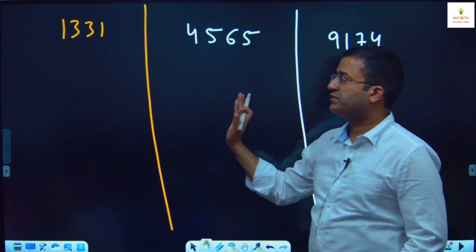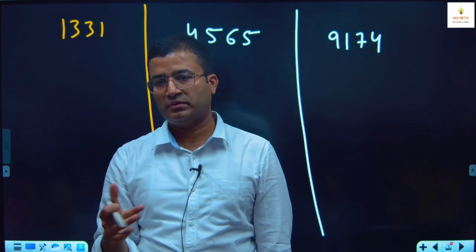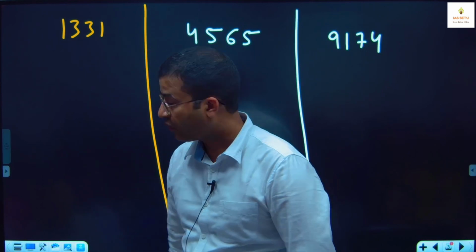I start with these 3 numbers, then I will take some extra. I take 6 numbers. Okay, I will take in detail.